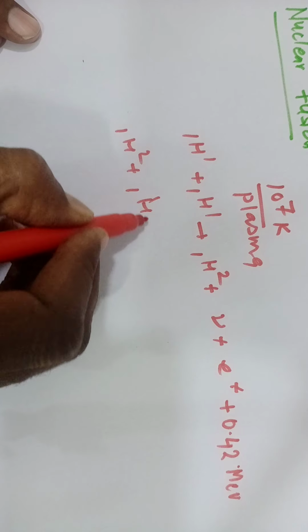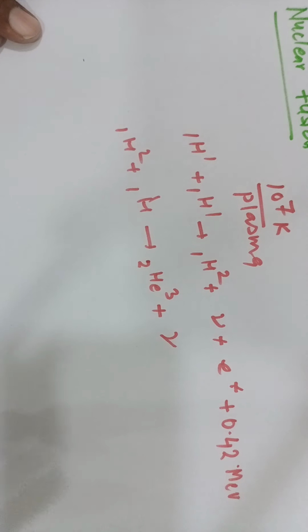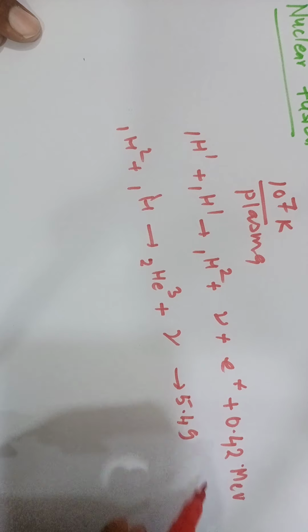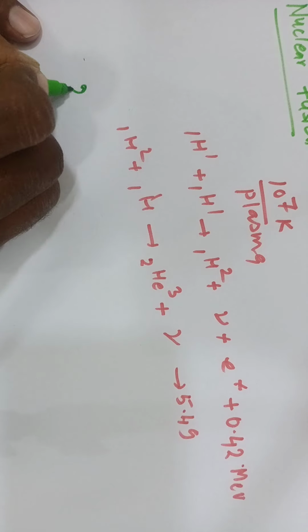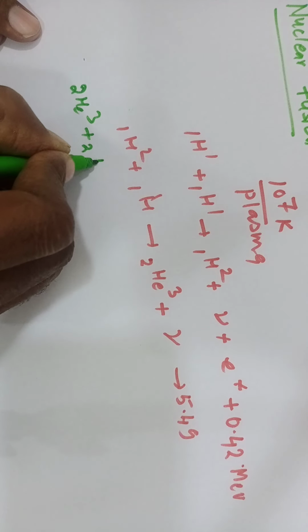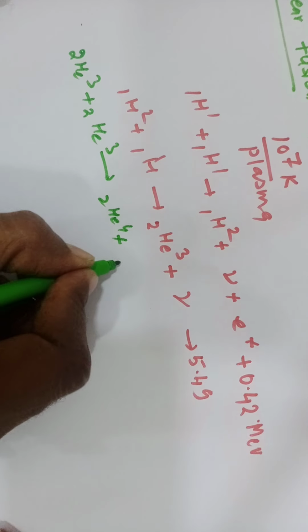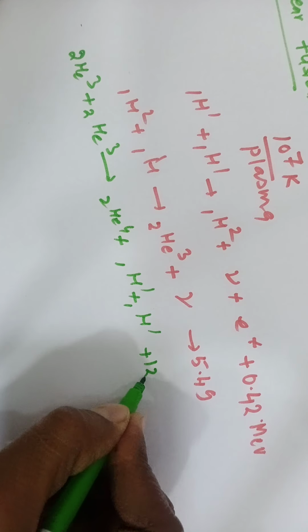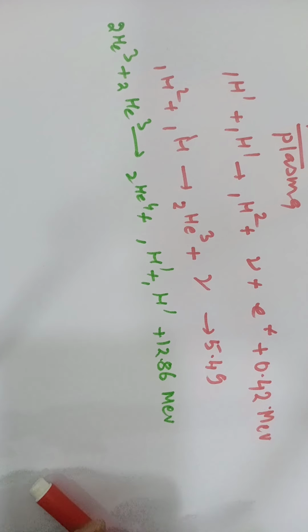Then this 1H2 reacts with one more proton and gives rise to 2He3, and again gamma rays and energy are released, near about 5.49. Then 2He3 plus 2He3 converts into 2He4 and emits 2 more protons, and energy is released near about 12.86 million electron volt, and that is the nuclear fusion reaction.